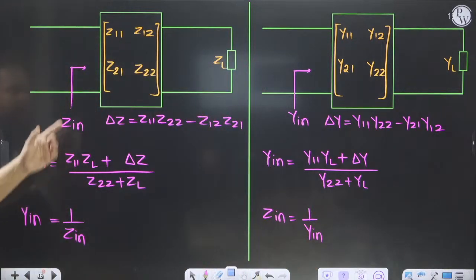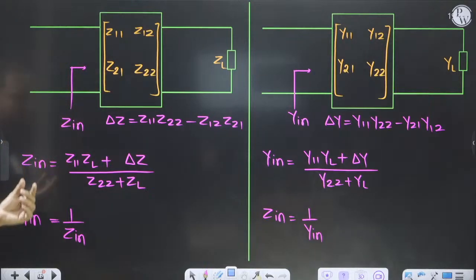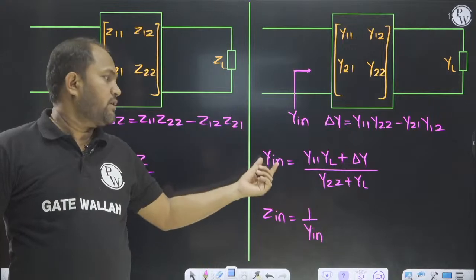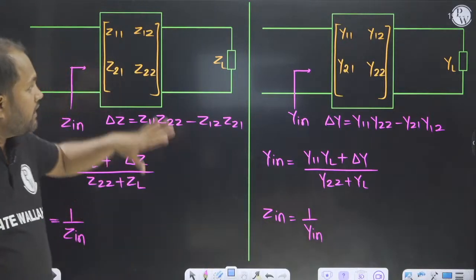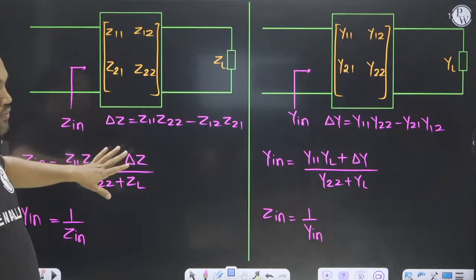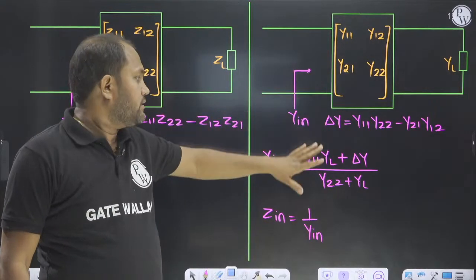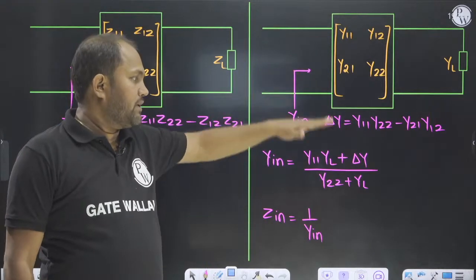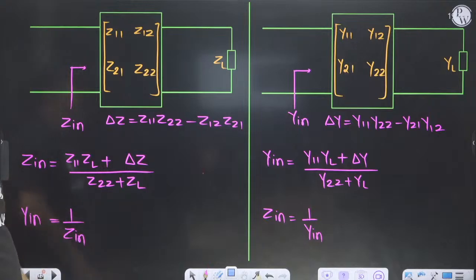In case of Z parameter, you first calculate Zin, then Yin. In case of Y parameter, you first calculate Yin, then Zin. If Z parameter is given, Zin then Yin. If Y parameter is given, Yin then Zin.